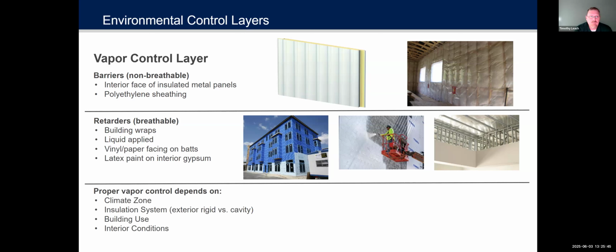There's a lot of different types of building use that could either require a really dry interior or have elevated moisture. And so that vapor control needs to be designed based on that information. And then, of course, like I said, the interior conditions. So whenever we're looking at vapor control, this is one of the most tricky ones to deal with.